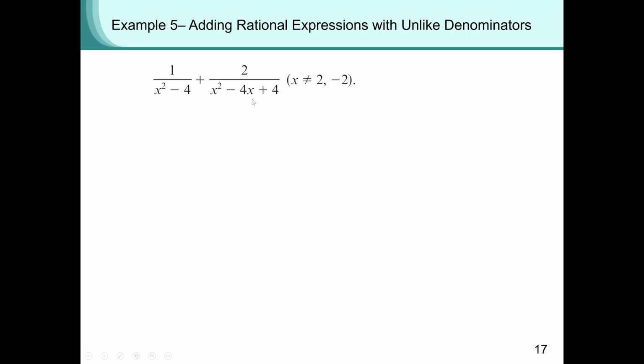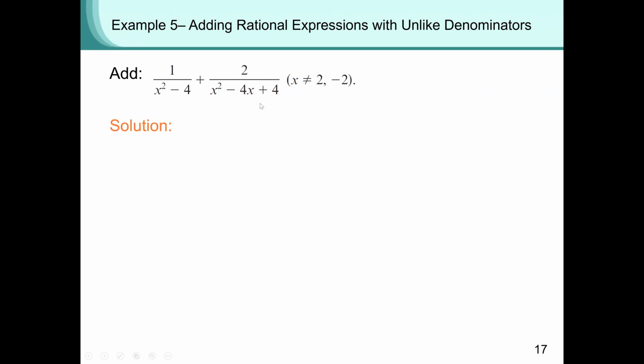I want to solve this problem. So the first thing I will do is to combine the two terms. But we can see that the denominators are different. So we can try and factorize the trinomial. This will give me a difference of 2 squared. x squared minus 4 is the same as x squared minus 2 squared. And here I have x squared minus 4x plus 4.